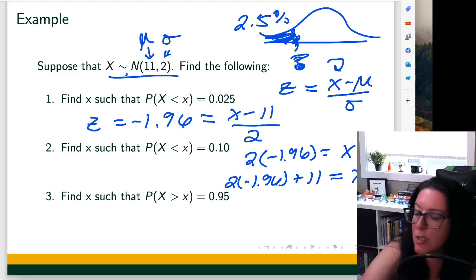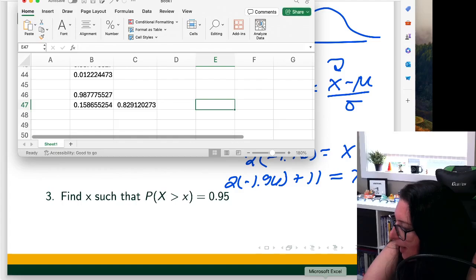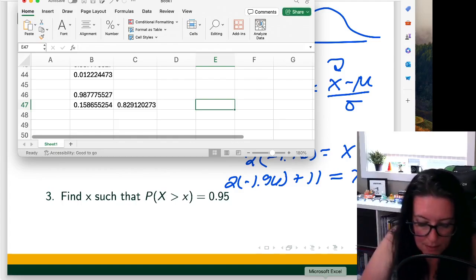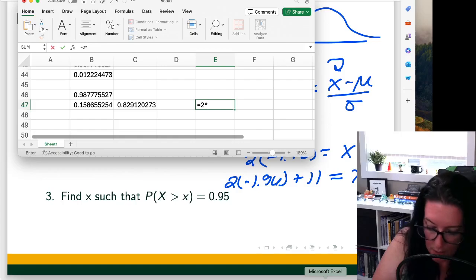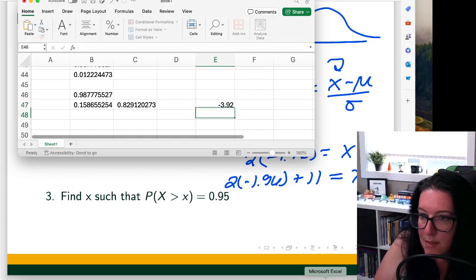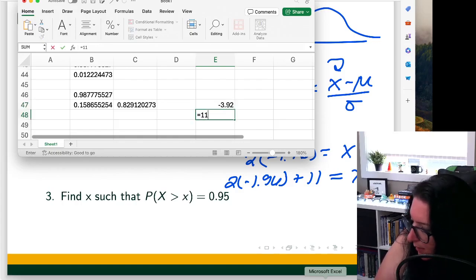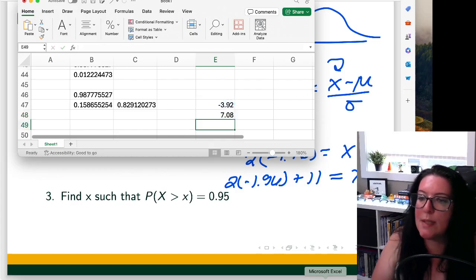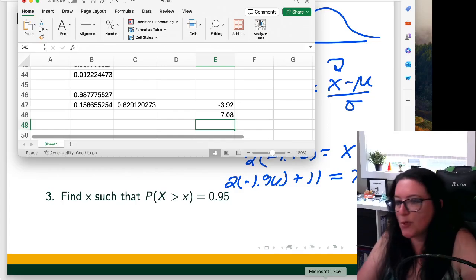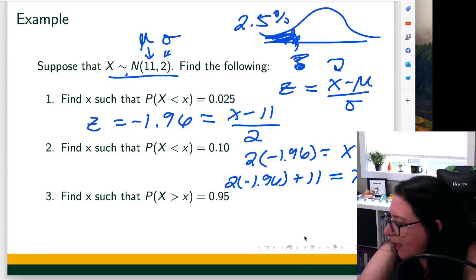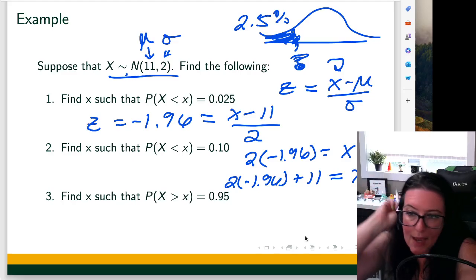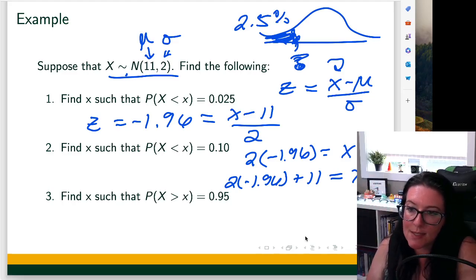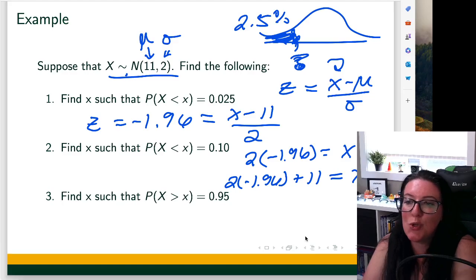So we're rearranging the formula to solve for x. And what we would get is 2 times negative 1.96, and then we take 11 and we add that to it. We get 7.08.